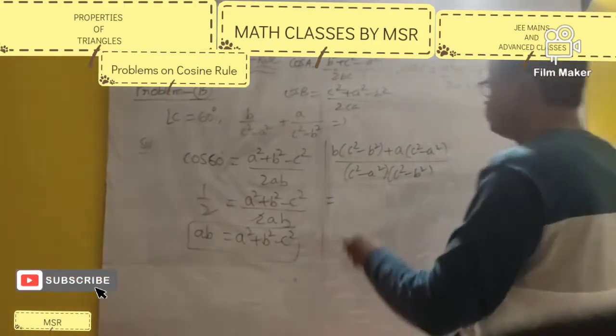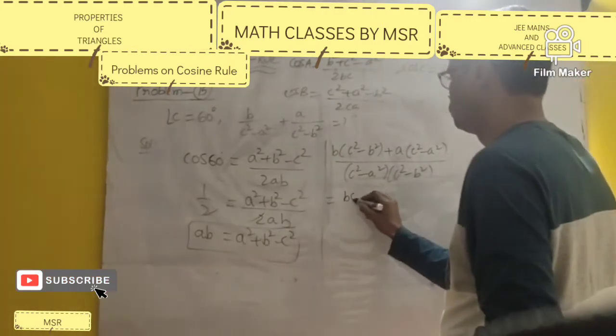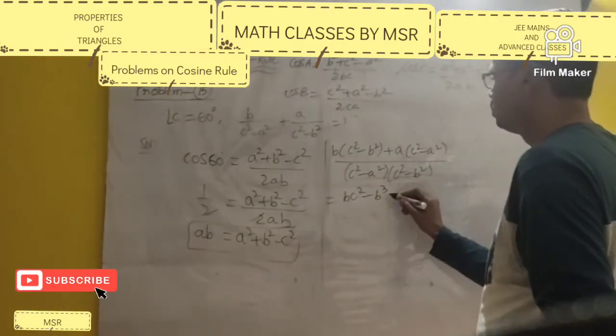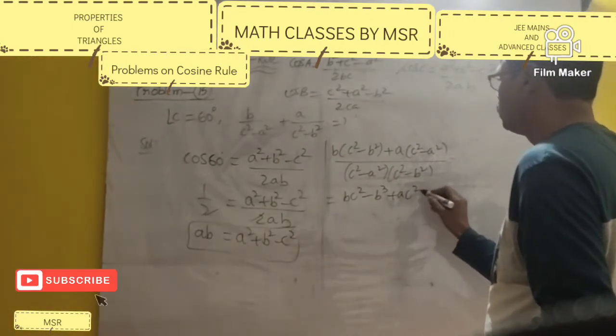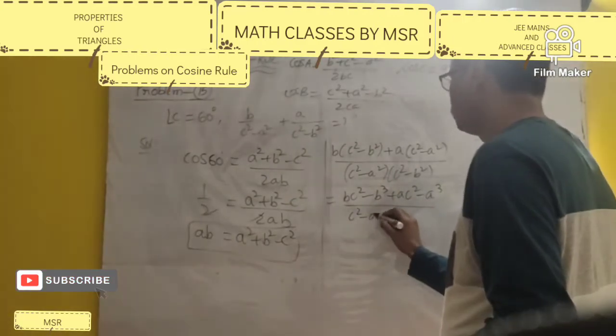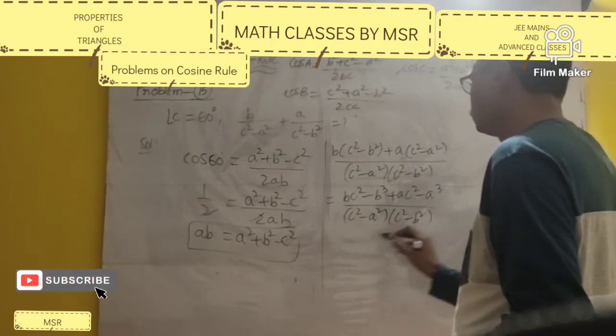Now B into C square, BC square, minus B cube, B into B square. Again plus AC square minus A cube by C square minus A square into C square minus B square.